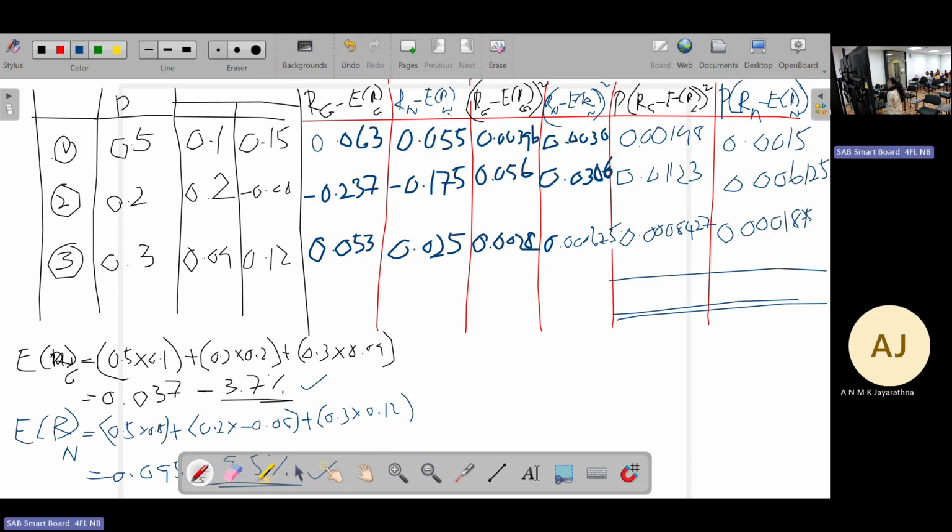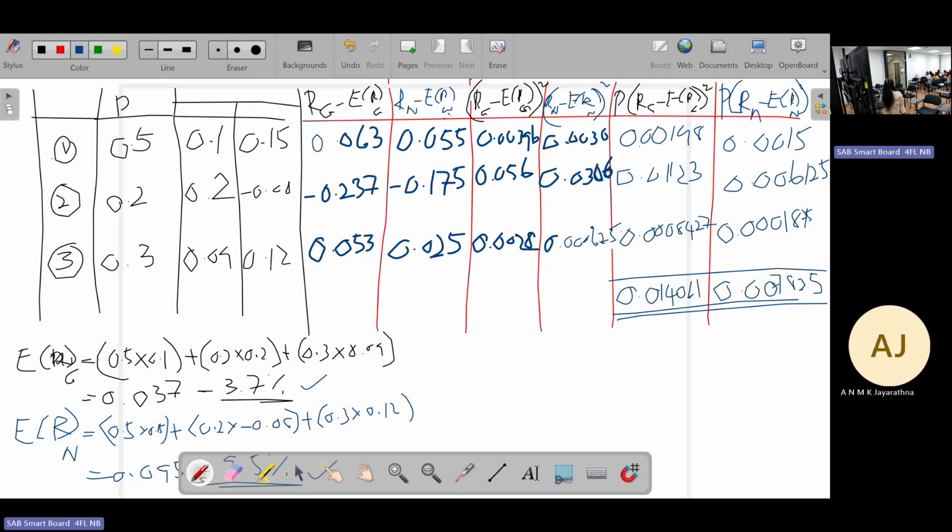Total for the asset G is 0.014061. The other one 0.007825.